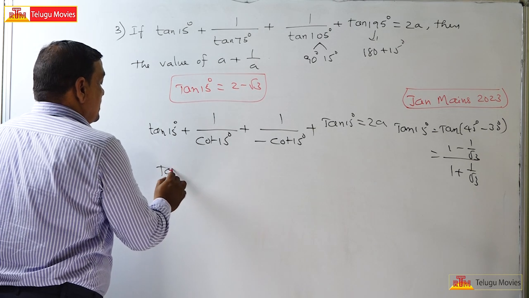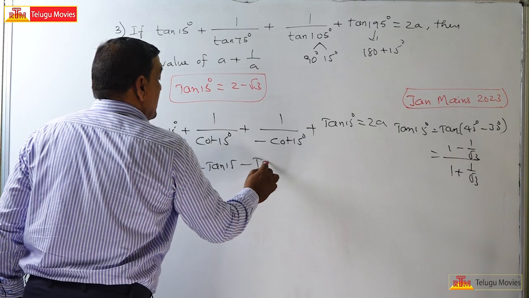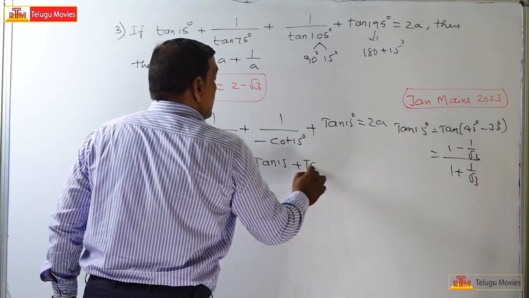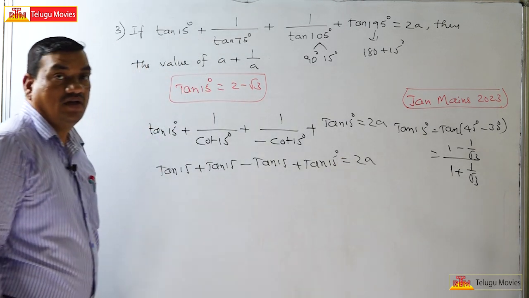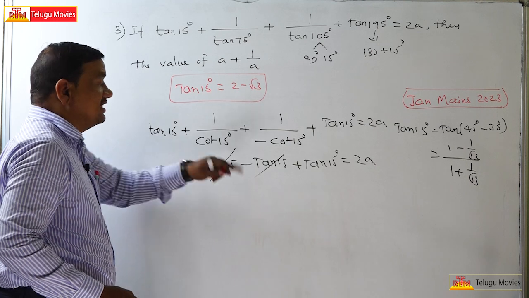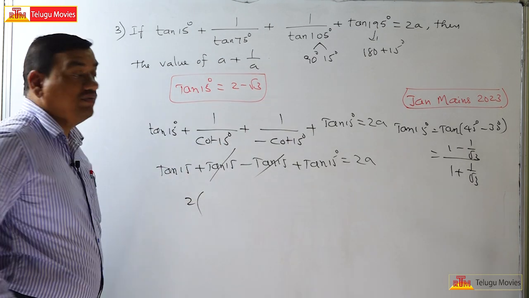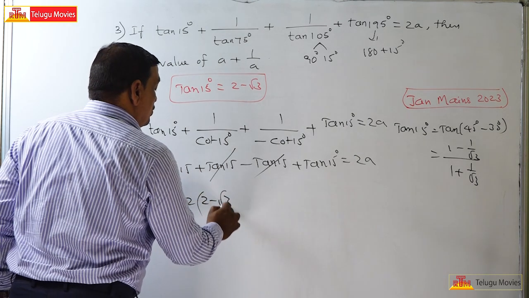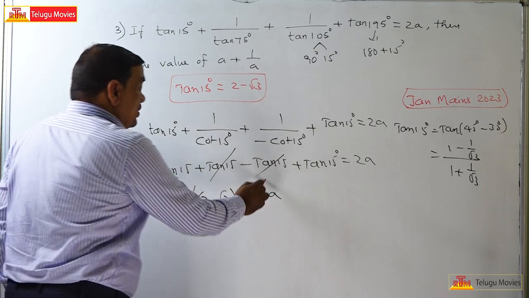See here, this is tan 15, this is also tan 15, minus cot 15 plus cot 15 is equal to 2a. Understand this? Any more cancellations? The cot 15 terms will cancel. Tan 15 plus tan 15 is 2 tan 15. 2 tan 15 means how much? 2 minus root 3 is equal to 2a. 2 can be cancelled.